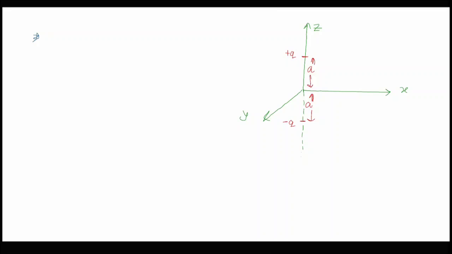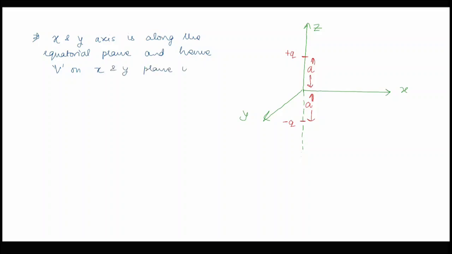Now if we write potential, the first thing that is clear is that the x and y axes in this problem are along the equatorial plane, and hence the value of potential on the x and y plane is 0.